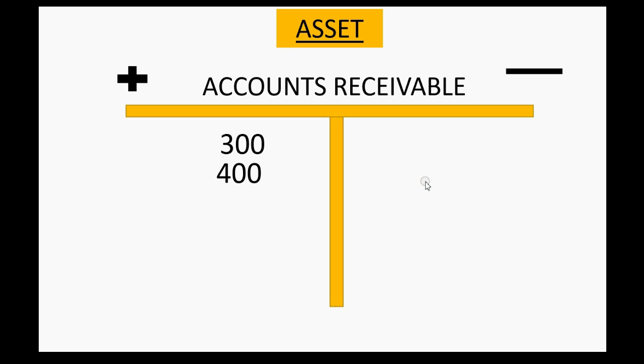However, if we have a transaction that requires that we decrease accounts receivable because the transaction means that we will receive less in the future as a result of that transaction, then we would have to make a credit.